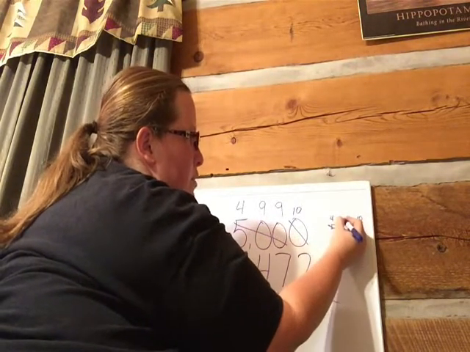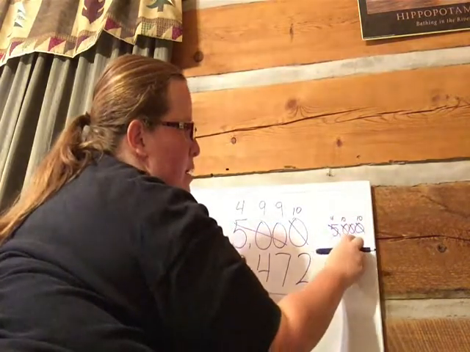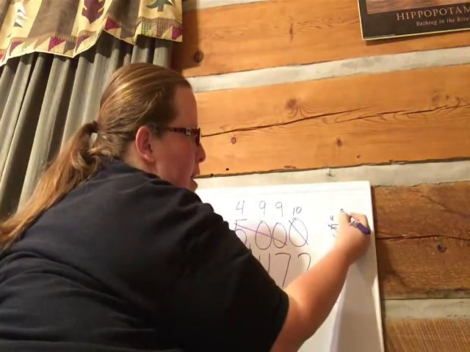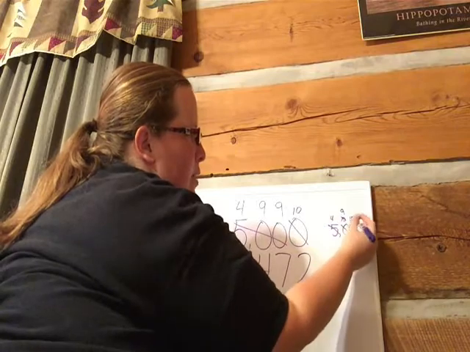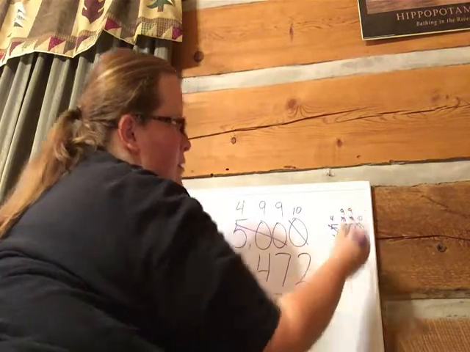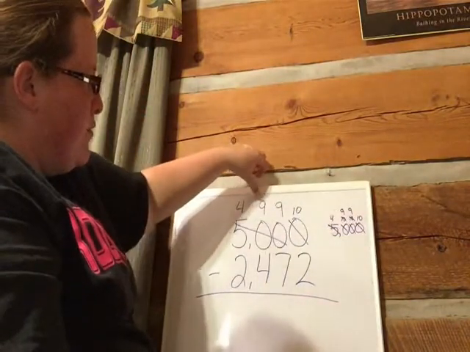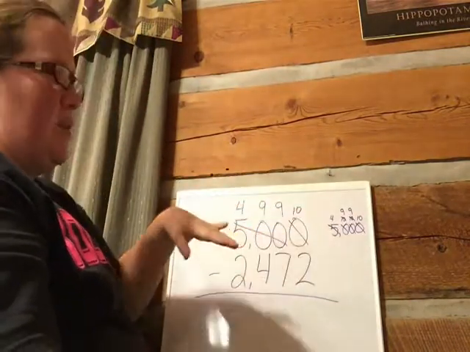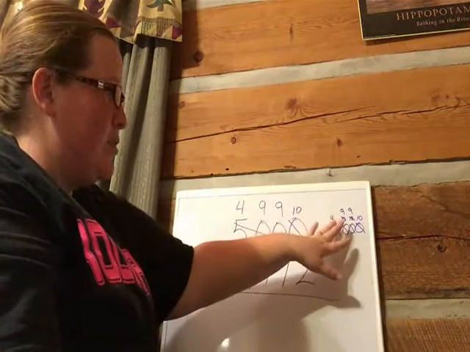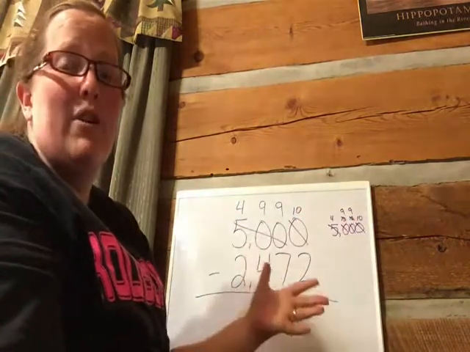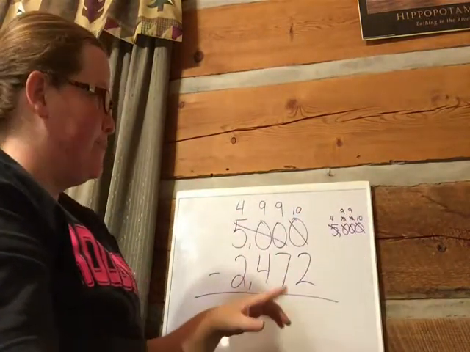So make this 4, which made that 10, but then we had to regroup this, so we made that 9, which made that 10, but we had borrowed 1 here, so that's 9 too. So we end up with 4, 9, 9, and 10, just like here, 4, 9, 9, and 10. But this way, you only had 1 step to follow. This way, you had, I think it's a lot of confusing steps to follow instead.